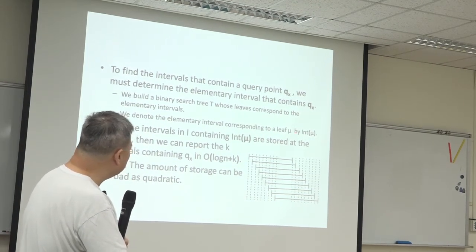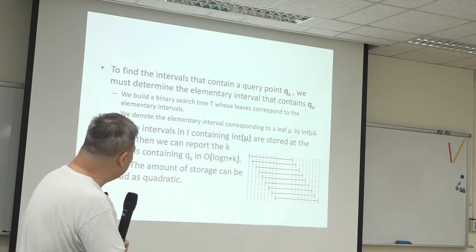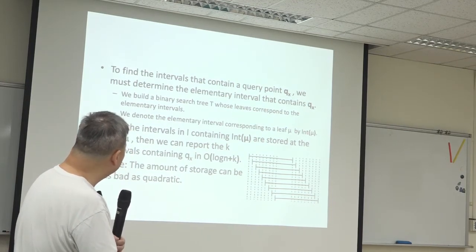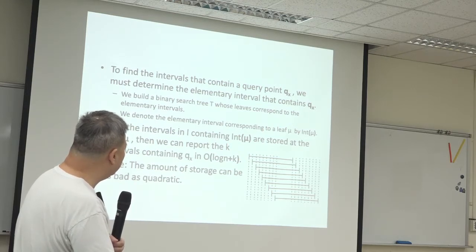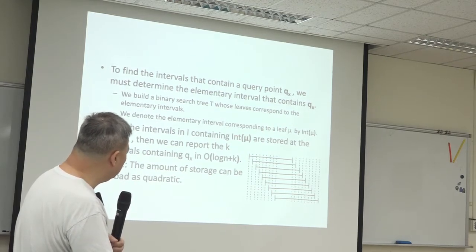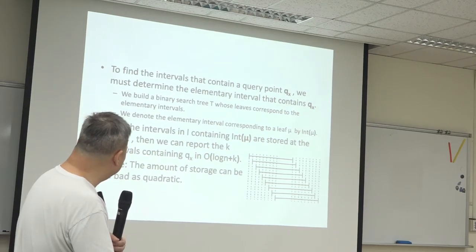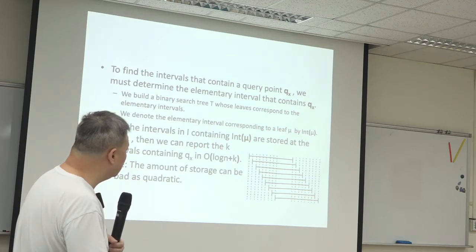For a leaf node, its corresponding elementary interval is called int(mu). If all intervals in I containing int(mu) are stored at the leaf mu, then we can report k intervals containing qx in log n plus k.